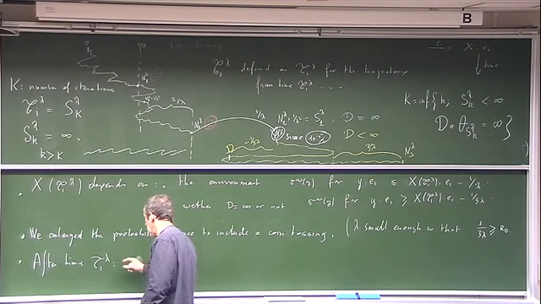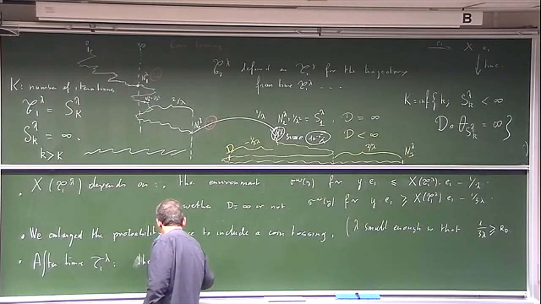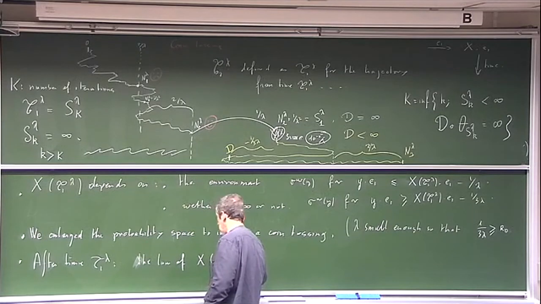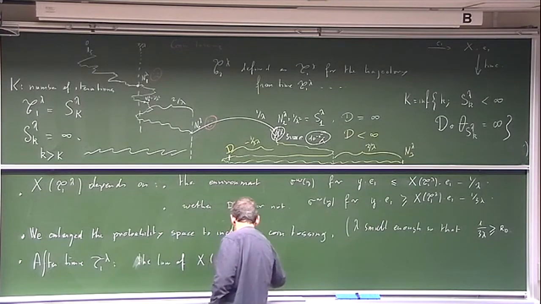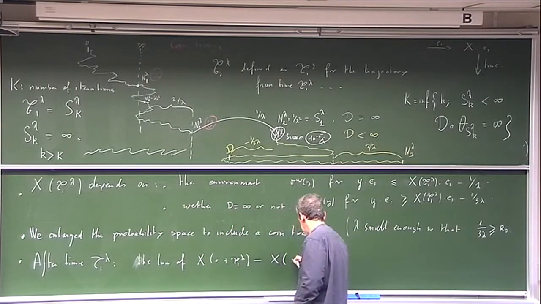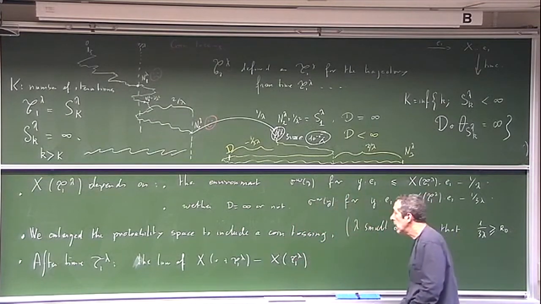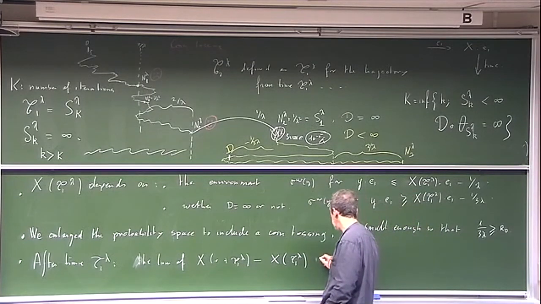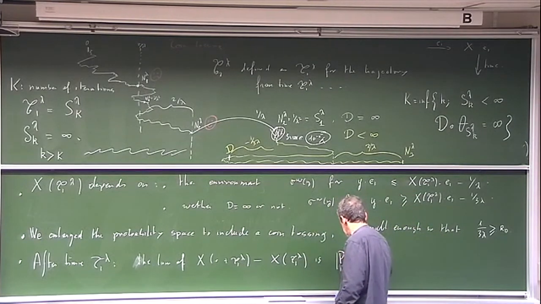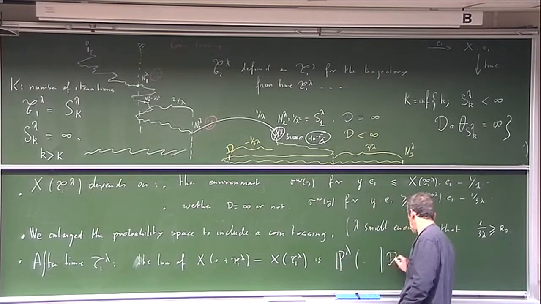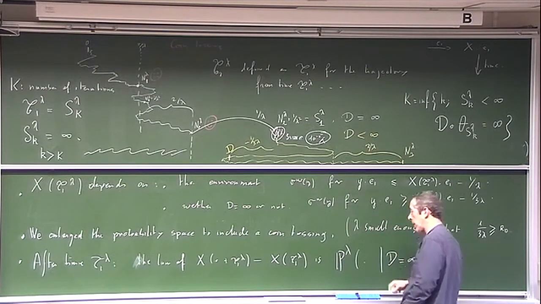So this is a shifted trajectory, but it's stronger than that. It's the law of the whole process, including the environment, is, let's say, this law, P lambda, the initial law, but conditioned on the fact that you don't backtrack.